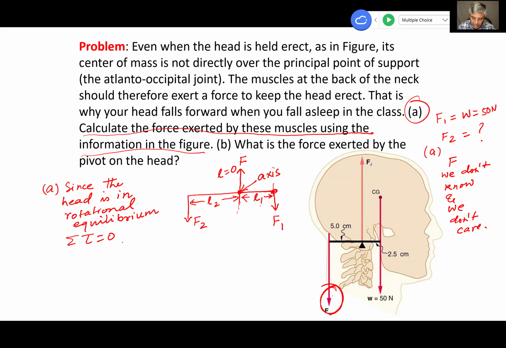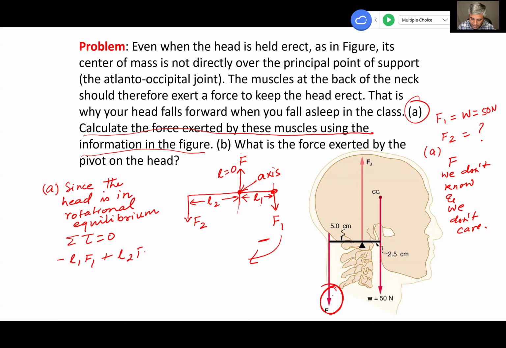The lever arm for force 1 is L1 and the force is F1. It is trying to rotate clockwise, so that is negative. Then L2 F2 is the torque due to the second force.